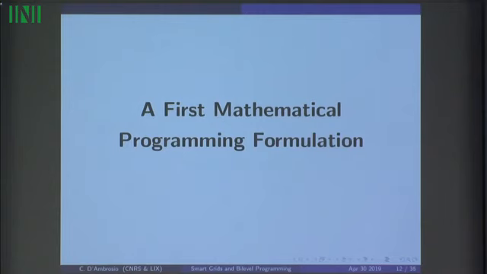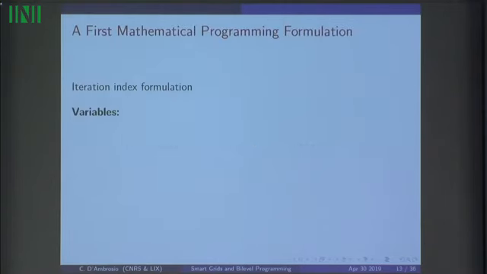Okay. Now let's go to the first mathematical programming formulation. I will call it the iteration index formulation, and it's based on the fact that we have a propagation of the observability that can be done iteration after iteration. So we have three sets of variables.